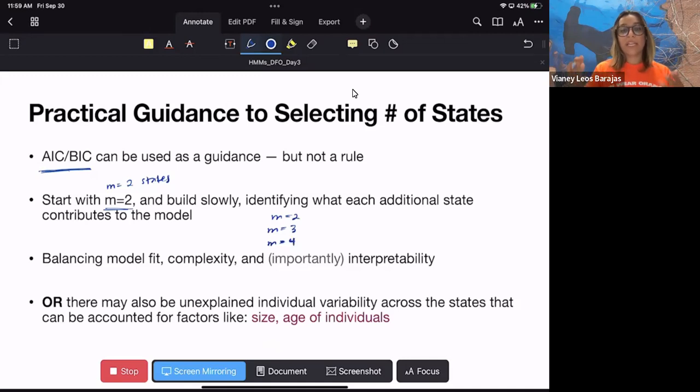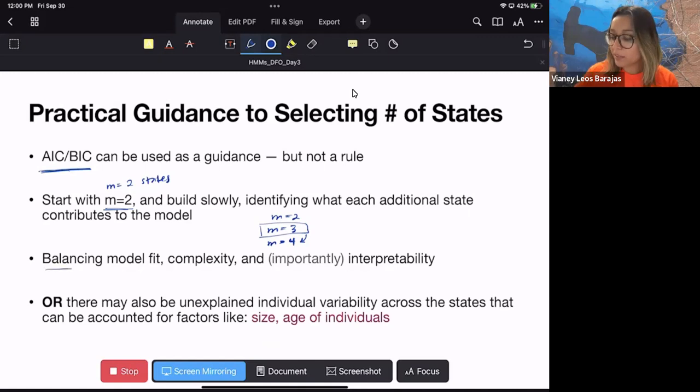We identify what each additional state contributes to the model, and also what observations are assigned to each state. So maybe a 3-state model is nearly good enough, while the 4-state model just picks up some small patterns that we weren't able to pick up with the 3-state model. But we might actually lose interpretability if we make the model more complex. So it is a bit of a balance.